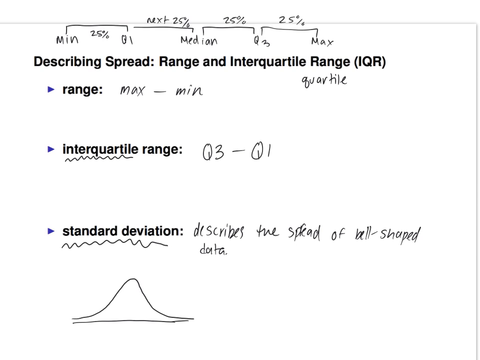A standard deviation describes how spread out they are. Like that one versus this one. They're both bell-shaped-ish, right? But the one on the right is way more spread out than the one on the left, correct? And this thing called the standard deviation measures that spread. We'll have a formula for that in just a second, but it's only for bell-shaped things.